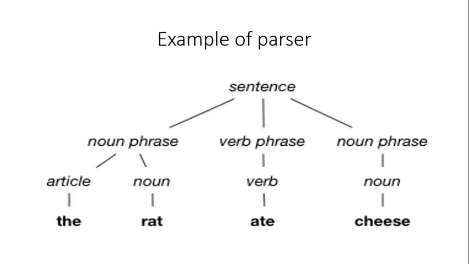You can do more parsing of the verb as well, and also the noun, and then you can create underlying relationships among these segments of this sentence or other sentences. This is a very simple sentence, and in natural language we have very complex sentences depending upon the topic and the writer and the speaker and so on. The rat ate cheese. Anyway, this is one very simple example of the parser.